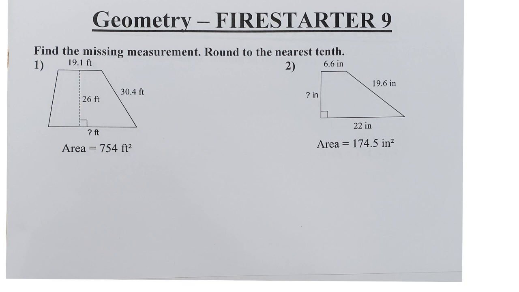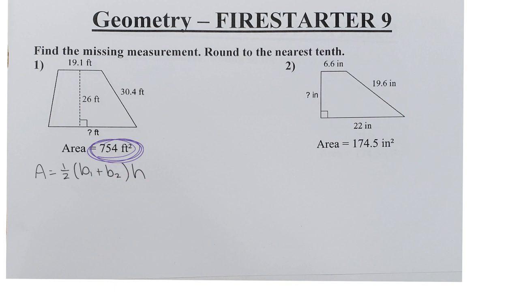Alright, so for 1 and 2, we are going to find the missing measurement. Look, they have given us the area. So the area formula for a trapezoid is area equals 1/2 (base 1 plus base 2), basically the average of the 2 bases, times your height.